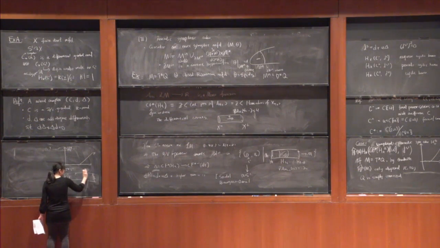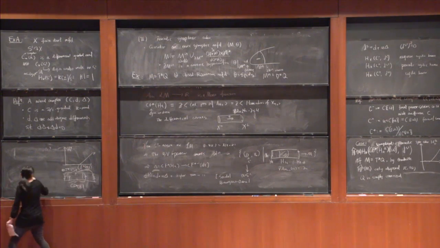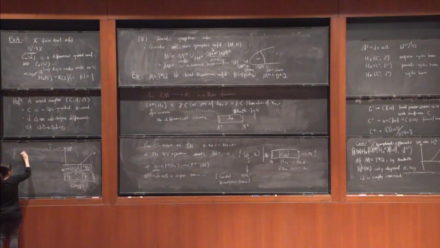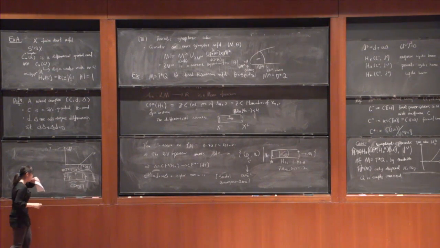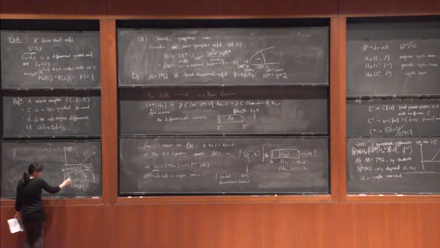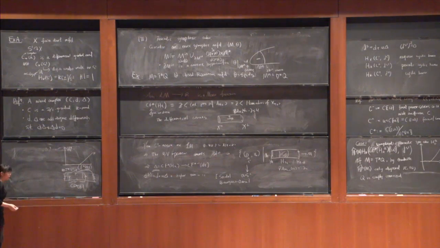So this is the generator for the Floer complex of slope 1, and this is the generators for the Floer complex of slope 2. So really here, in the case of a cotangent bundle, each of them by projection corresponds to a closed geodesic on the base.